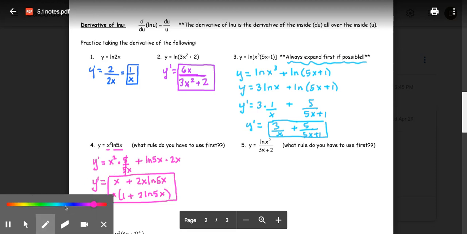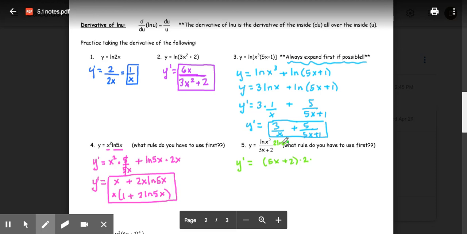All right, for number 5, what rule do you have to use first here? Yep, quotient rule. So quotient rule says the bottom times the derivative of the top. Now I just noticed here, how can you expand the top to make it easier? You can make it 2 ln of x. So when I do the bottom times the derivative of the top, keep the 2 times the derivative of the natural log of x.